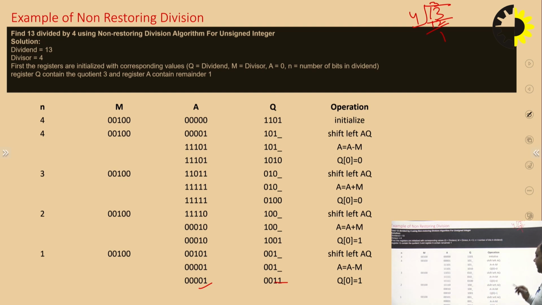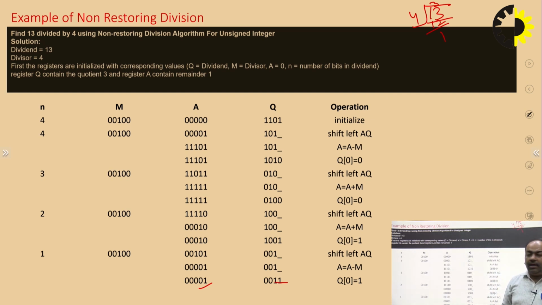Again we do a left shift, and as the sign bit is 1, we do A = A + M. As the sign bit of A is 0, we append 1, and after the last iteration we got 1, which is our remainder, and 3, which is our quotient.